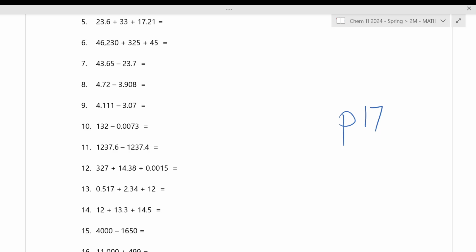You can use a calculator. That's right, because have you underlined your uncertain digits? Underline your uncertain digits in each of these numbers.